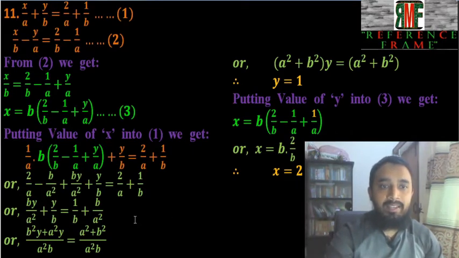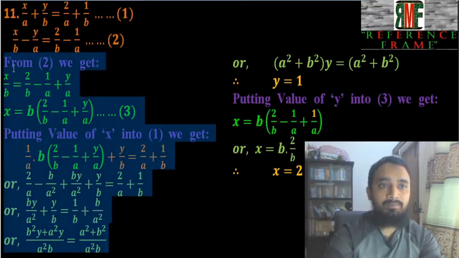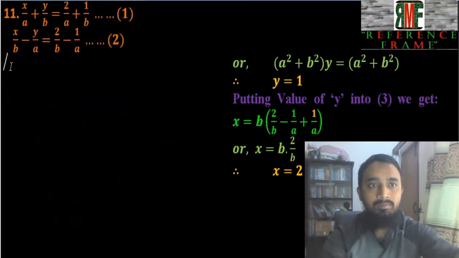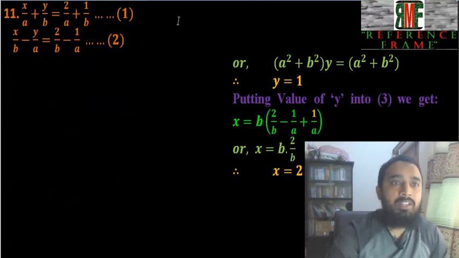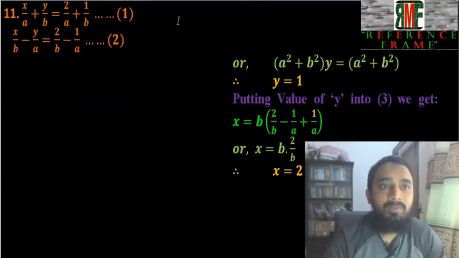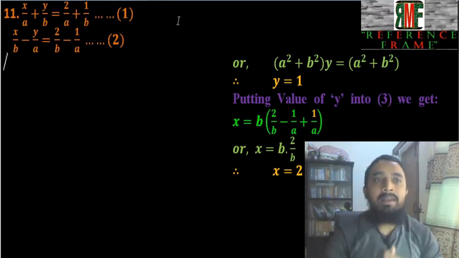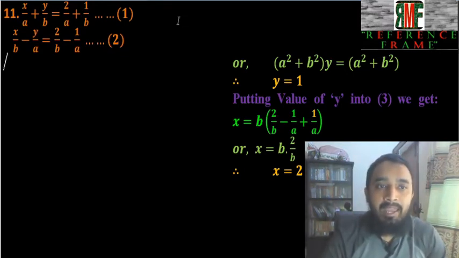As you can see on this screen, we are given two equations. First one, x by a plus y by b is equal to 2 by a plus 1 by b, which is marked as equation 1, and another one, x by b minus y by a is equal to 2 by b minus 1 by a.